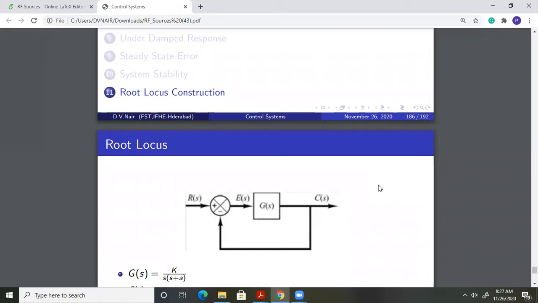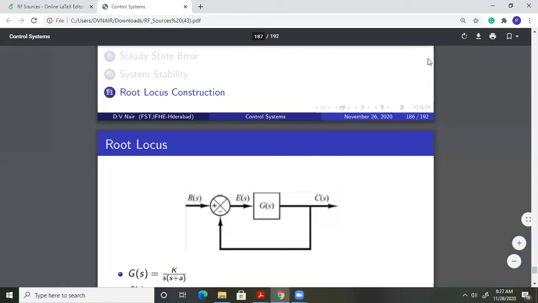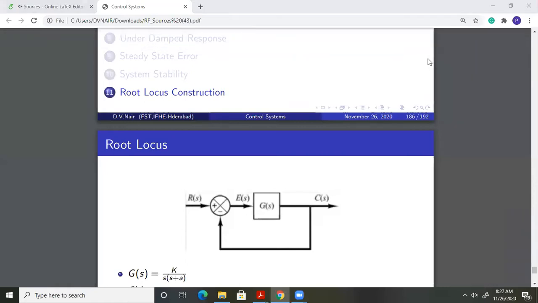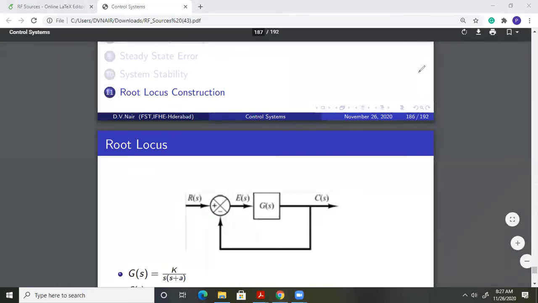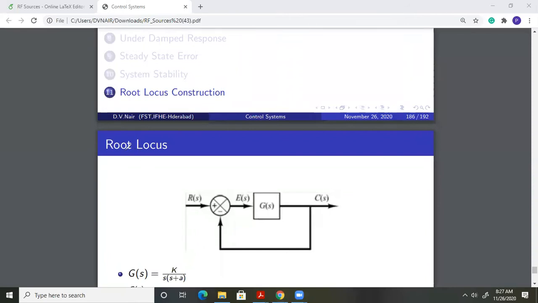Now, we see before us a unity feedback closed loop system, right? So what will be the characteristic equation for this? But before that, let us write down the overall transfer function for this unity feedback closed loop system.